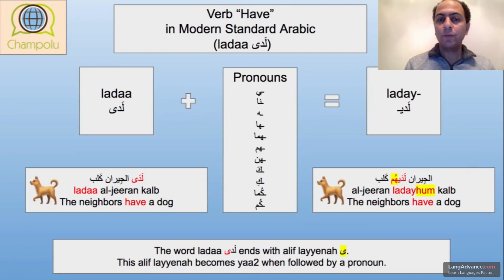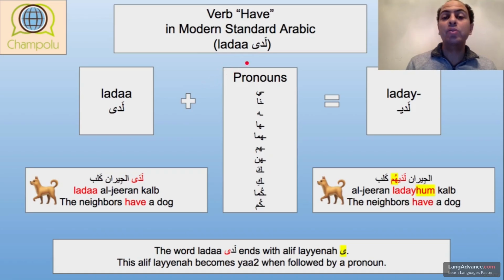You can notice for the word لدى that in the conjugations we have seen, it's all becoming لدي. The rule here is that since لدى ends with ألف لينة, this ألف لينة is originally ياء, so it's لدي.